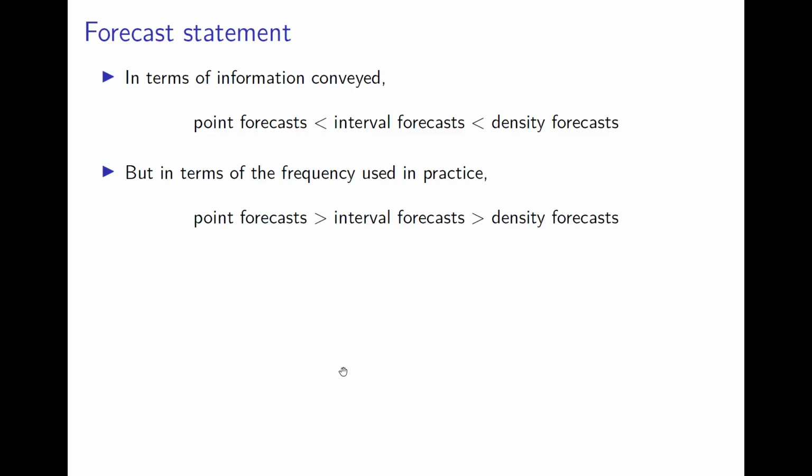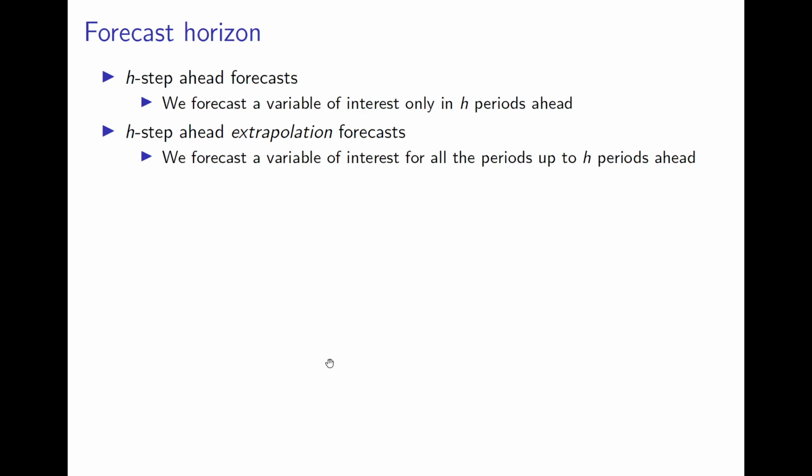Reasonably straightforward. There's a caveat here. When we talk about an H step ahead forecast, H is like the forecast horizon. How far into the future do you want to predict? We have the option to predict a lot of different intervals here. H steps ahead could be 1, 2, or 3, which is what we just did. There's also something called an extrapolation forecast, where I say I don't want 1, 2, or 3, but I want all of them.